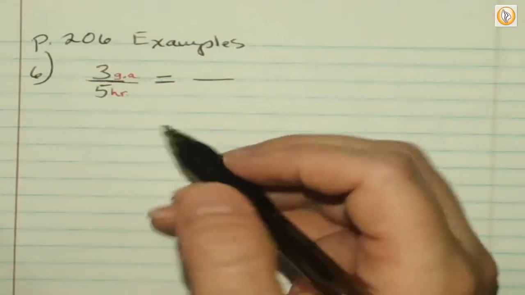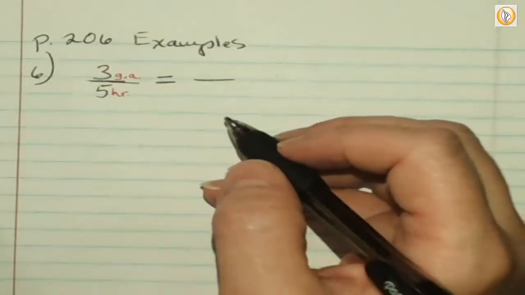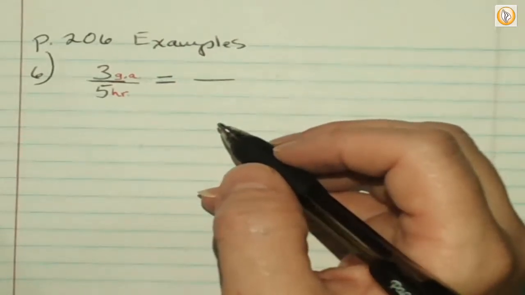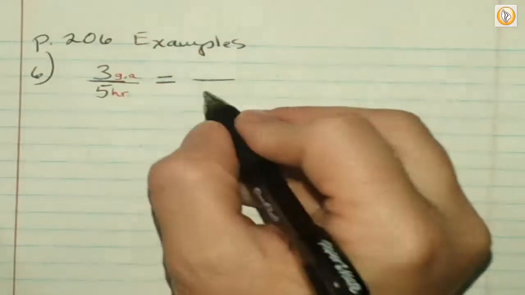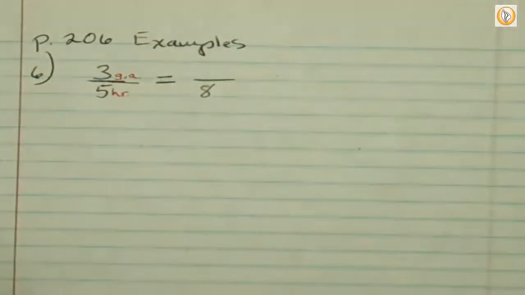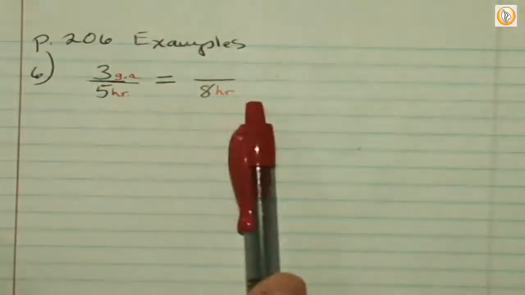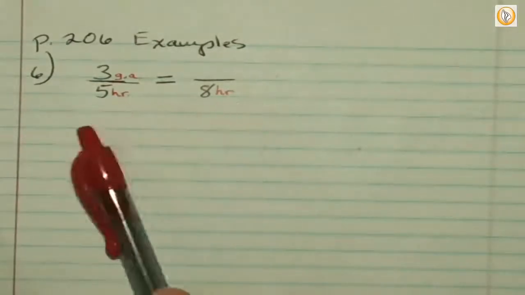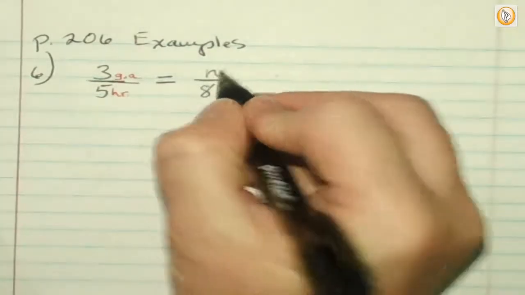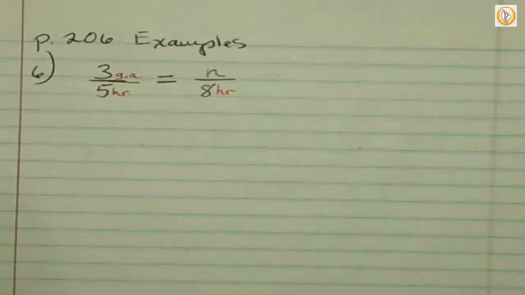We're looking for how many grain augers in 8 hours. On the bottom. Very good, because we want to keep the hours together. So then I'm going to say N, or whatever you want to put. You can put X on top.